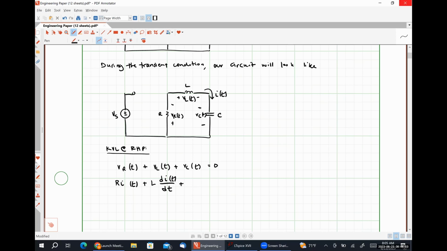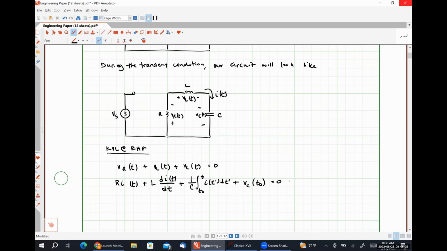And for our capacitor, we're going to need to use our integral-based relationship. So we'll have 1 over C times the integral from t naught to t of I of t prime dt prime plus VC at t naught is equal to 0.